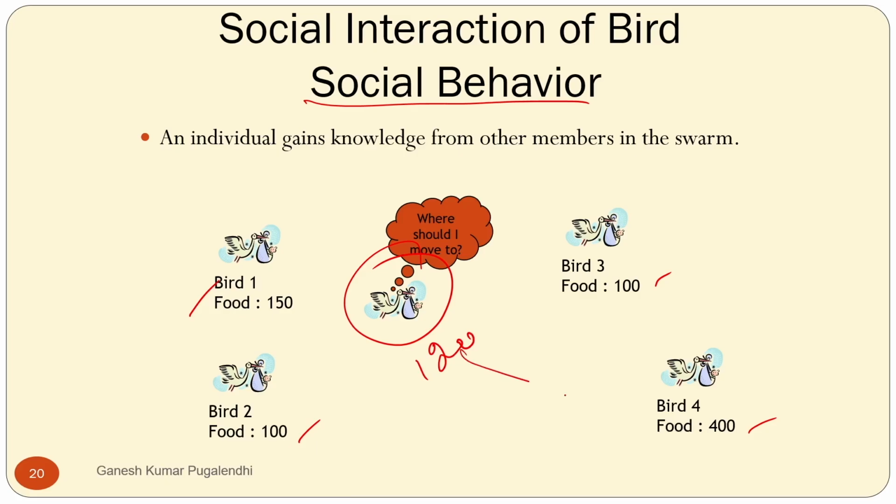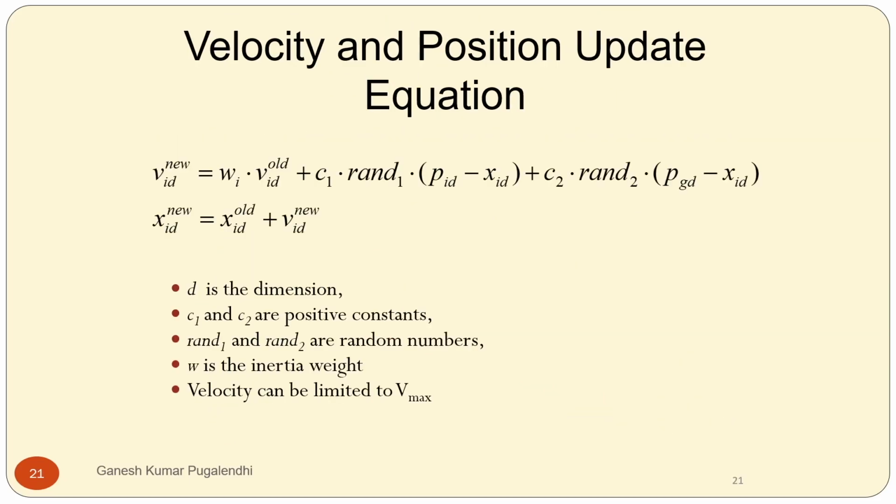It will move toward the global food position, towards that bird. That is why when you watch a bird group flying, all of a sudden the direction changes. It means that there is a bird that has found the best location and best direction. So all birds keep following the bird which has the best fitness value, right.